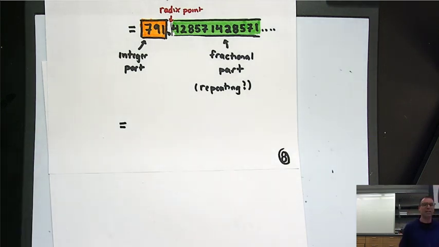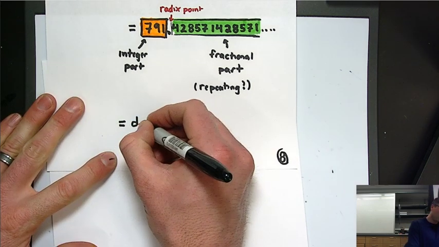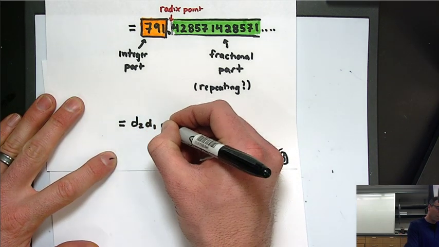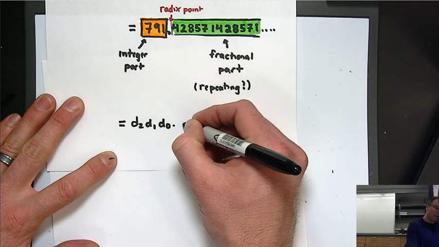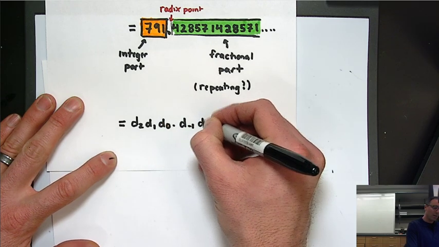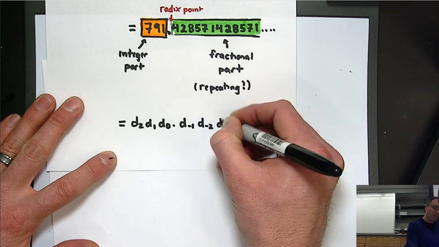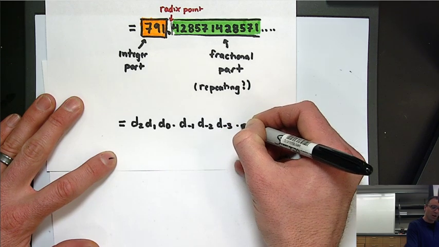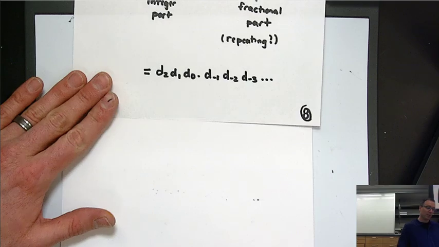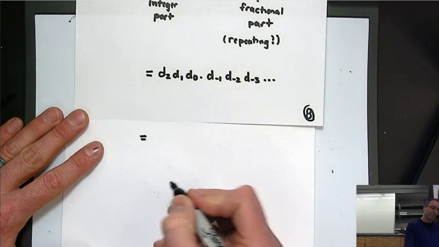So what would the leading most significant bit be indexed by, and then go all the way down? Okay, D2, D1, D0, and then this goes on forever, right? Okay, so let's go ahead and look at this thing.